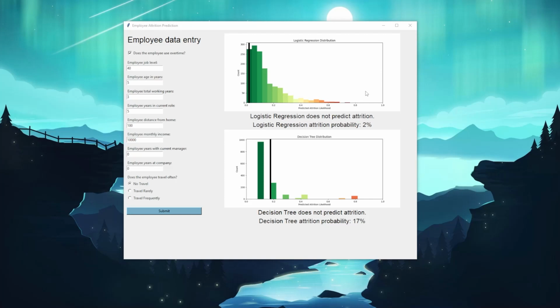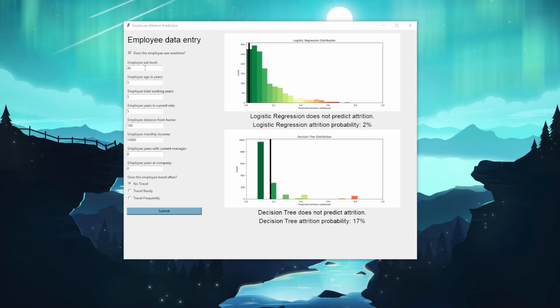And so you can see how high the chance of attrition is for a specific employee, how similar they are to other employees, and where they fall on the histogram of probability outputs. So our GUI outputs the attrition probability of both of the different models, and it also includes the class prediction of whether or not that specific model predicts attrition.